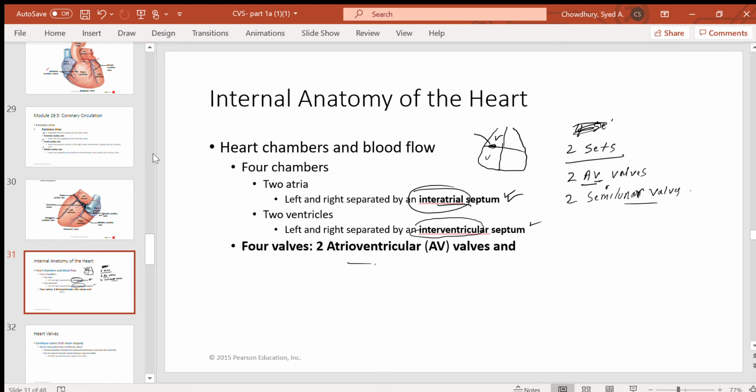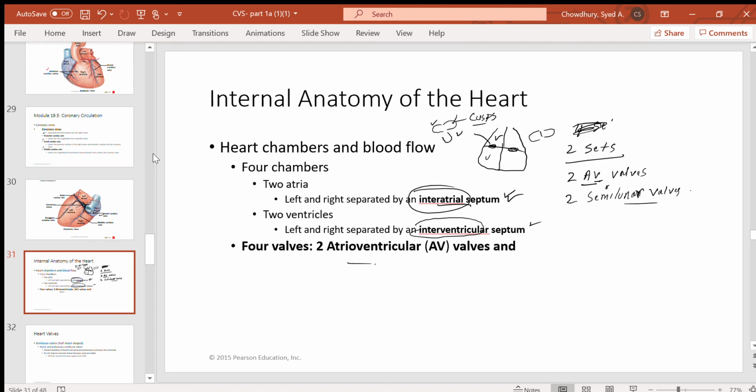And if you see right AV valve, it has three leaf-like structures called the cusps. Okay, that's why it is called a tricuspid. You see 1, 2, 3, tricuspid valve is the right one. And left AV valve here has two leaf-like structures.